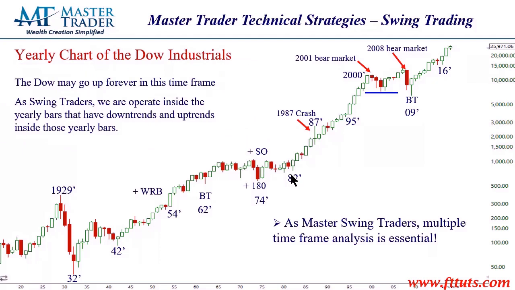The 1987 crash was, where's the crash? Of course, it was a big move percentage-wise, but in the perspective of a yearly time frame, it looks like nothing happened. 1995 was the continuation of the uptrend after a consolidation that went on for about a year. You can see the narrow range bar that preceded the wide range bar in 1995.